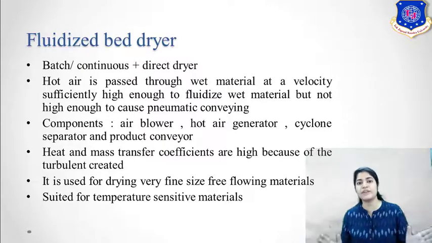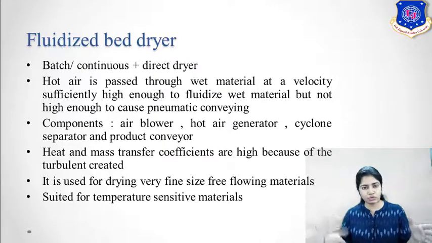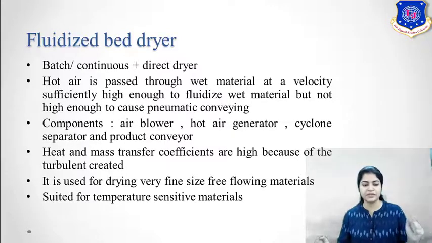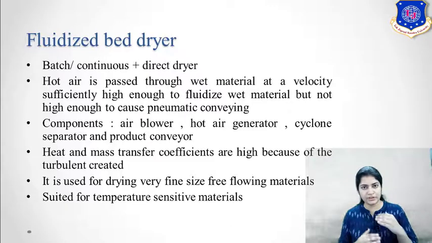You just have to suspend it throughout your drying chamber. In fluid flow operation you might have studied that fluidization velocity is very important here. So you have to operate your velocity of hot gas such that conveying is not taking place.